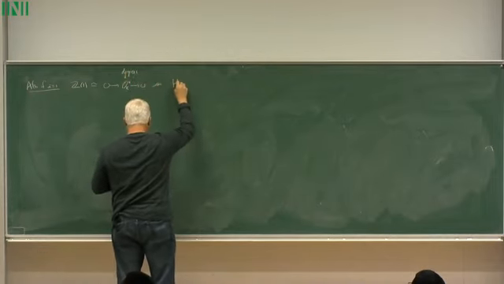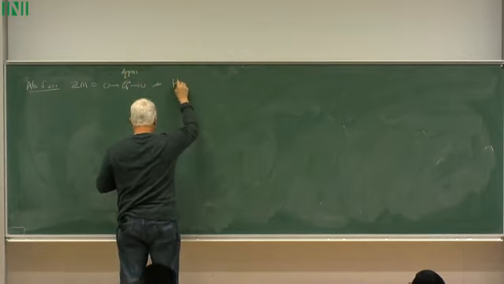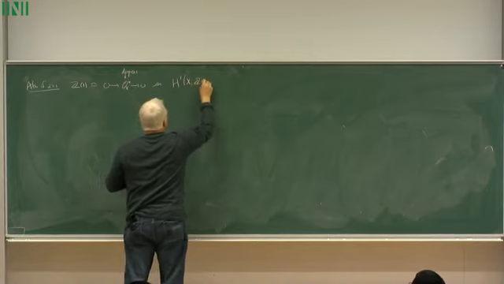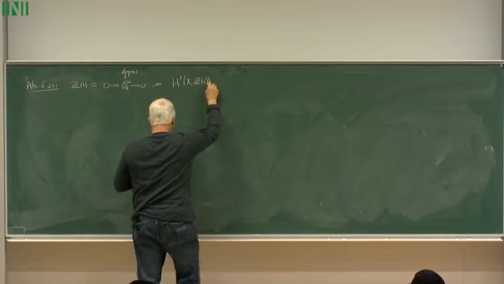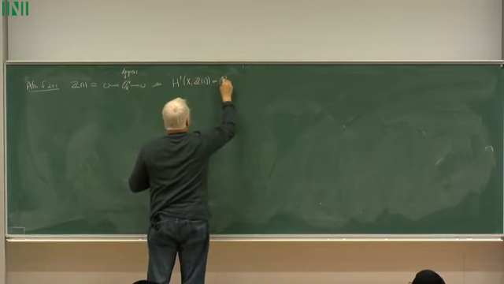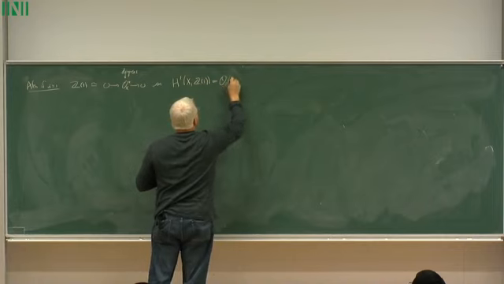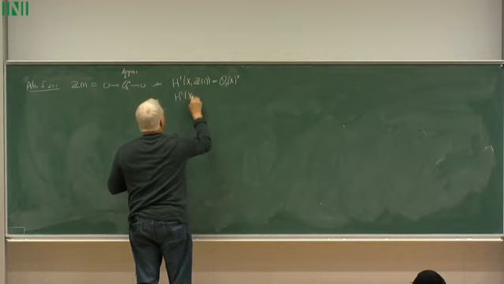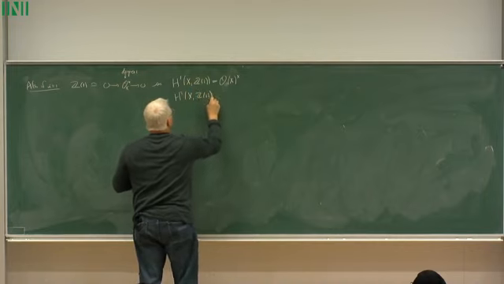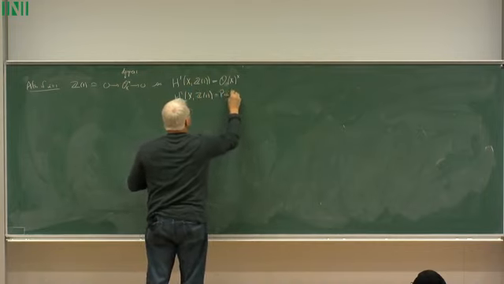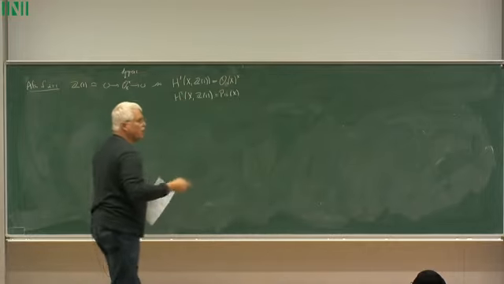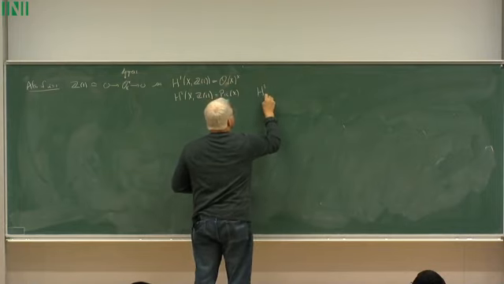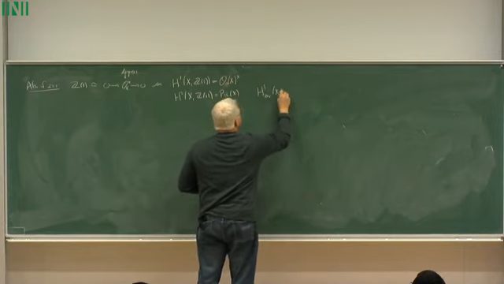So H^1 of X with coefficients in Z(1) is the same thing as O_X star, the units. H^2 of X with coefficients in Z(1) is the Picard group, because that's the first Zariski cohomology with coefficients in O_X star.